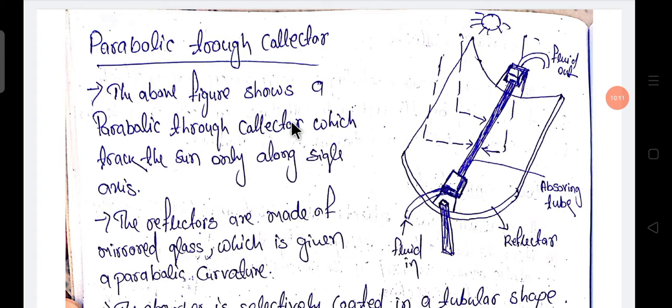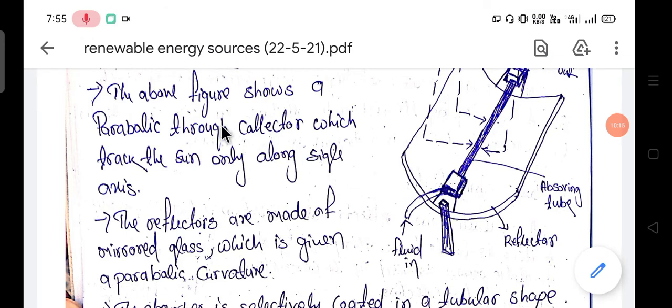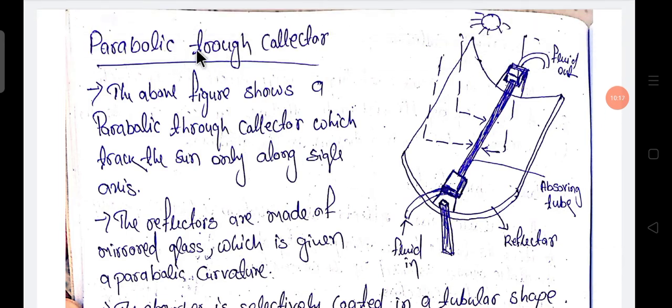Okay. Now let us discuss what is a parabolic trough collector. The above figure shows a parabolic trough collector which tracks the sun only along a single axis.